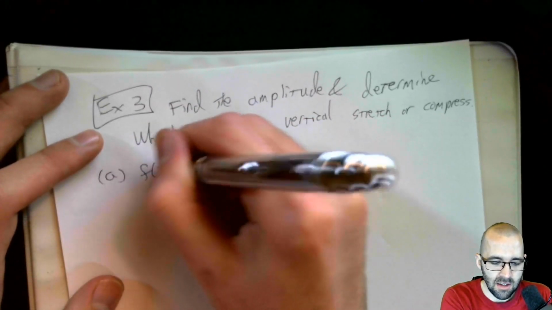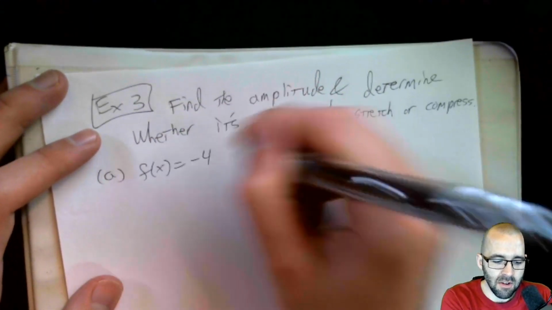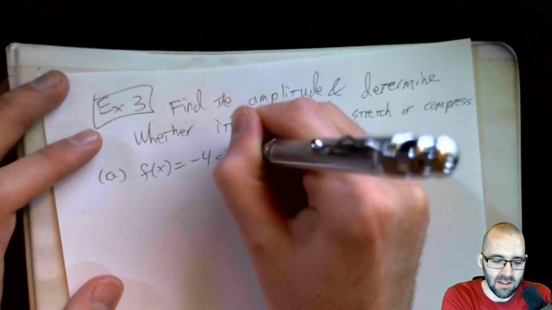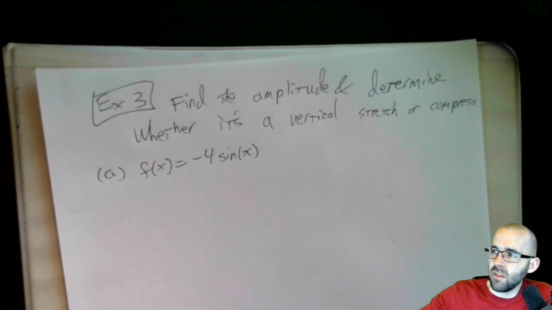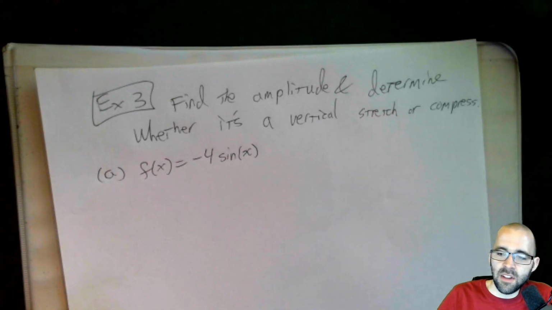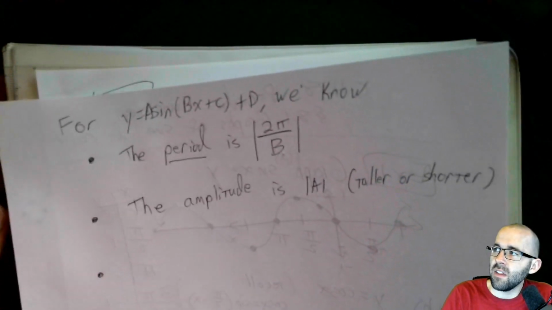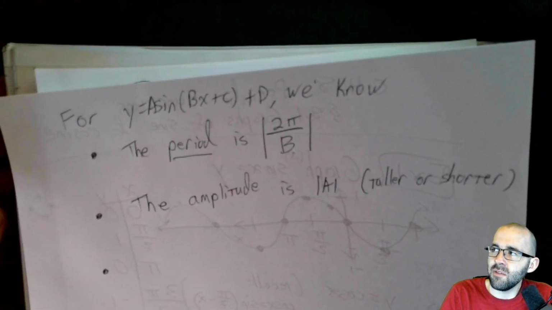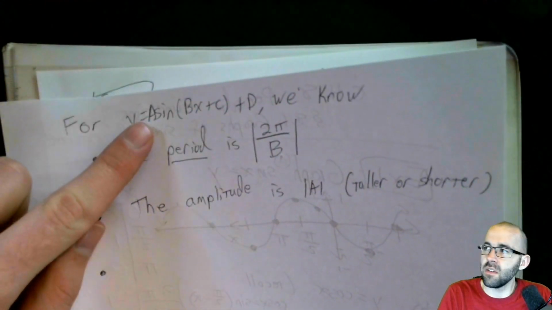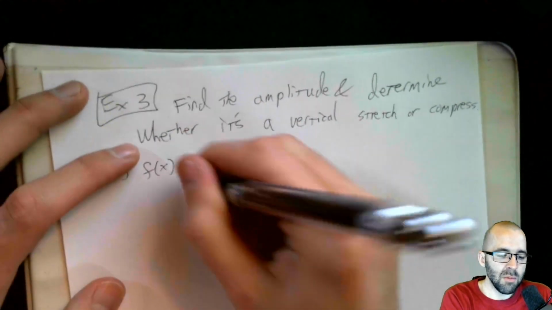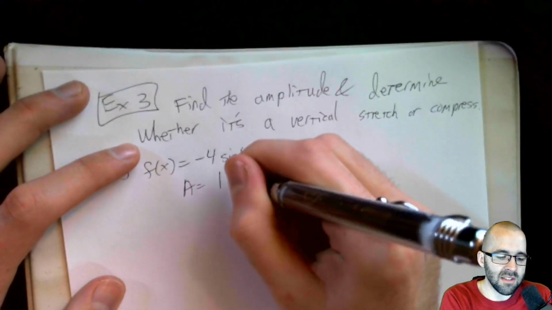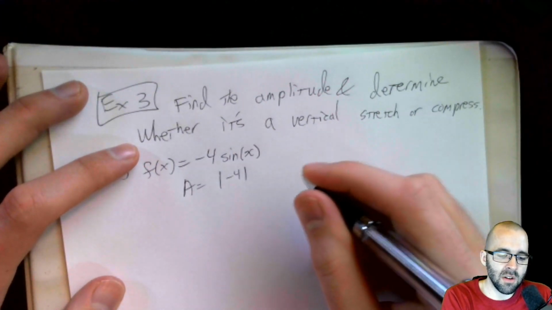So here we go. f of x equals -4 times the sine of x. So let's remember what we just said in the previous bullet point. The amplitude is the absolute value of the coefficient of sine. So the amplitude is just the absolute value of the number that's next to the sine, which is -4.